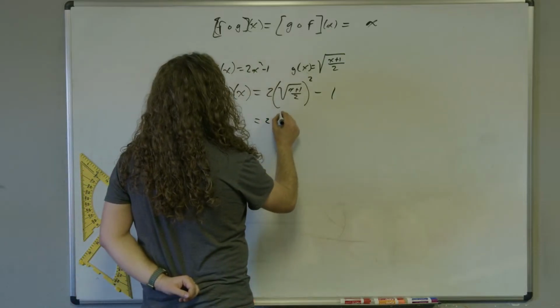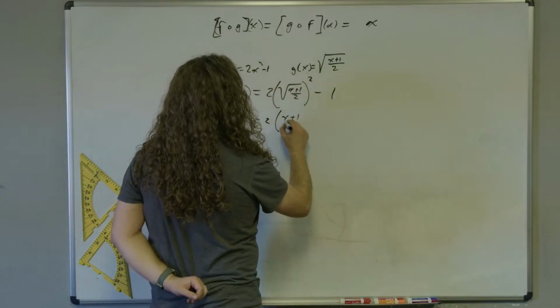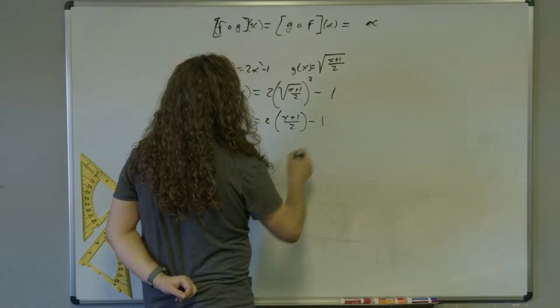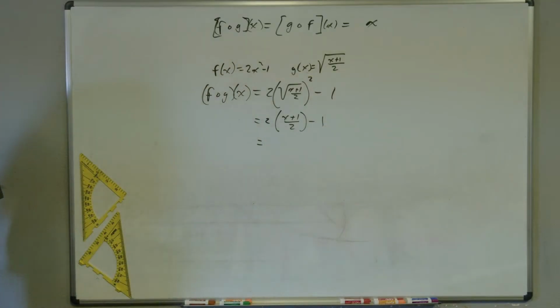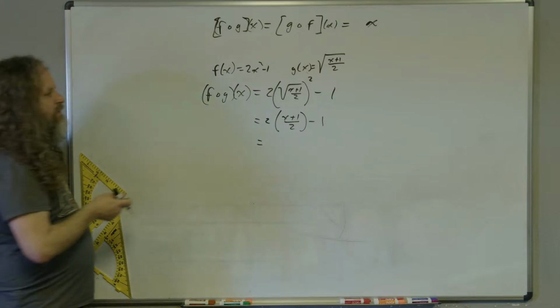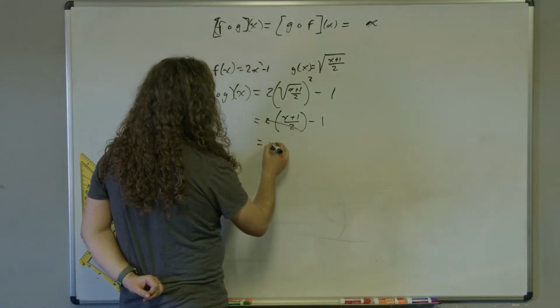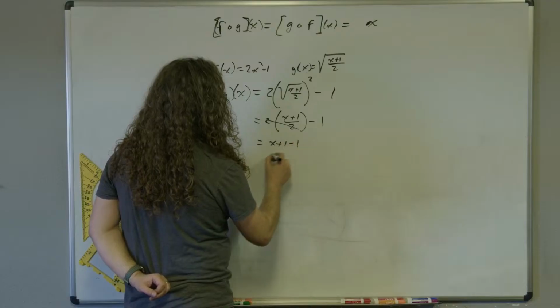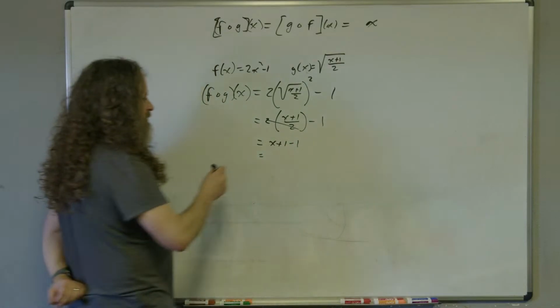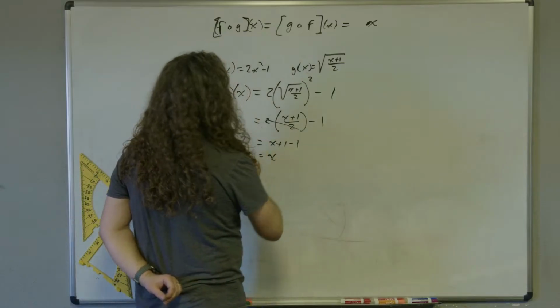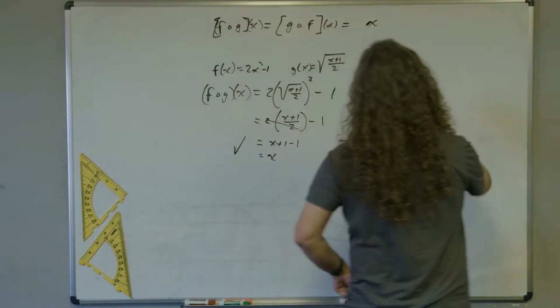So it'd be 2 times x plus 1 divided by 2, minus 1. Now what? The 2 and the 2 cancel, top and bottom. So we've got x plus 1 minus 1. Now what? Plus 1 minus 1 cancels. So we've got x.